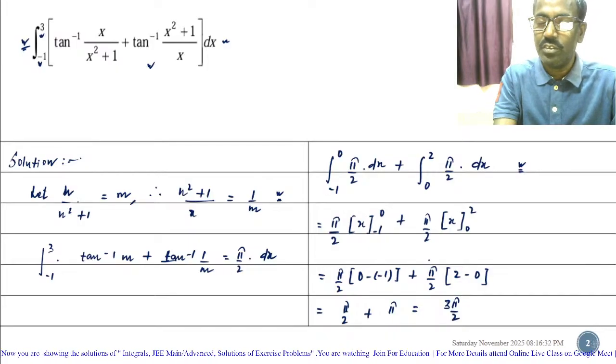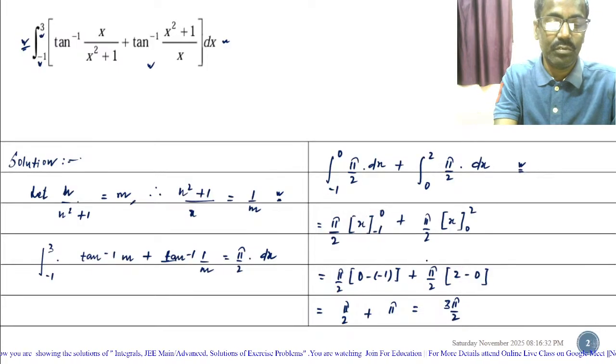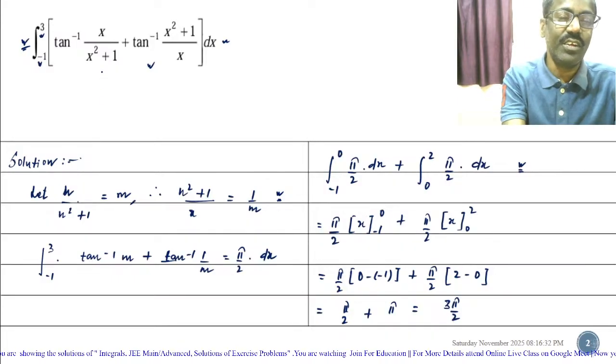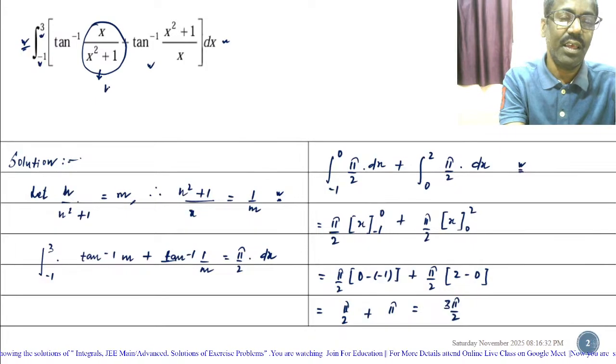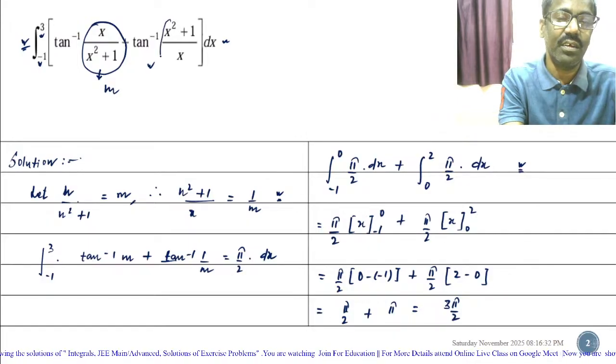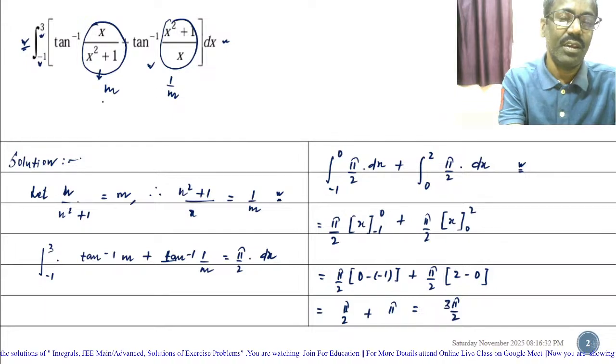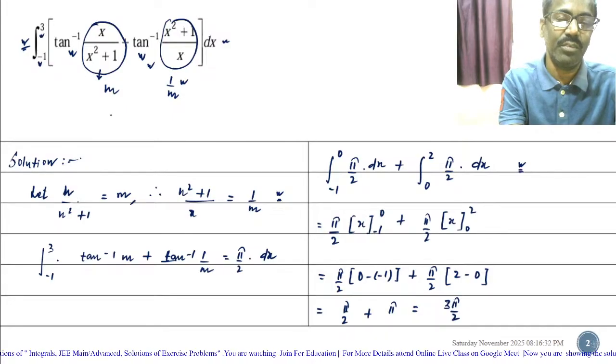Hope that there is no problem to understand up to this step. So this question is a tricky question. It is a very easy question. This is m, and this one will be 1 by m, and tan inverse m plus tan inverse 1 by m equals pi by 2.